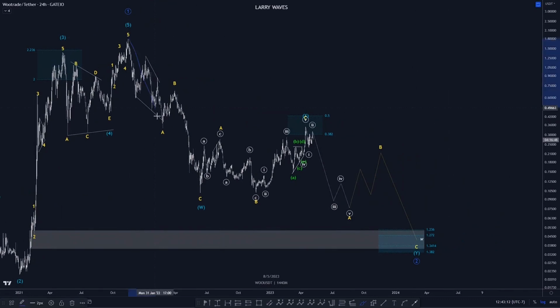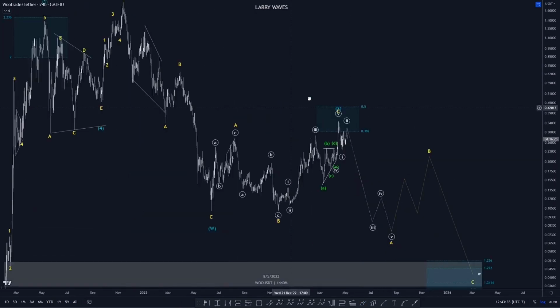This is a very clear looking three-way move right here. You could force this as a one, two, three, four, five. I think it looks better as a three-way move overall, the overall structure. But like I said, if you wanted to, you could force this as a one, two, three, four, five. I think it looks better as an ABC, so we'll move on.